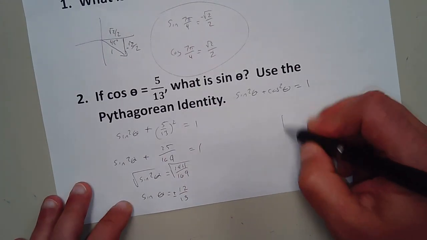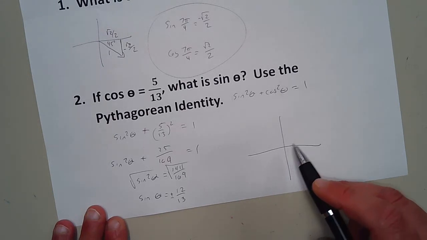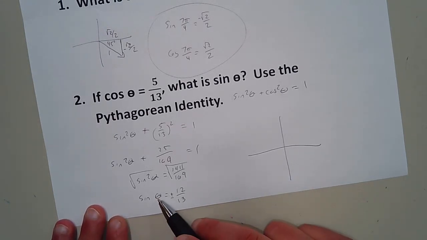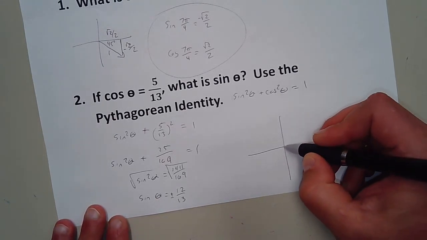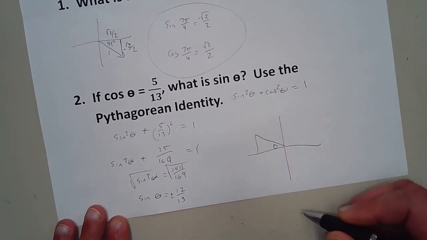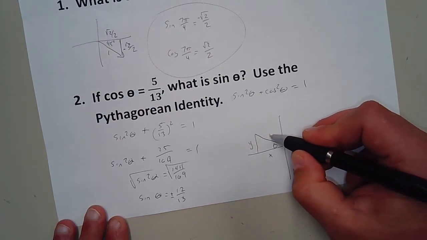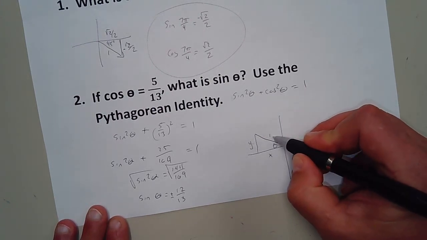So let's go through and talk about the quadrants. And so we know where sine and cosines are positive and negative. In all cases, sine is always based off your y value, because no matter where you draw your reference triangle, let's pretend it's right here. If this is your reference triangle and this is your x and this is your y, sine is always opposite over hypotenuse. So it's always the y.